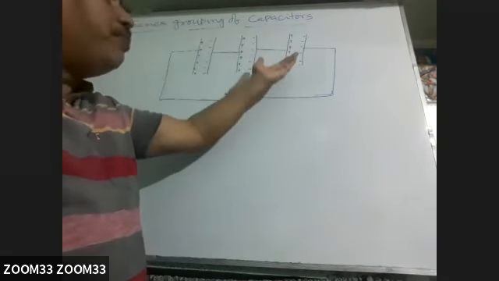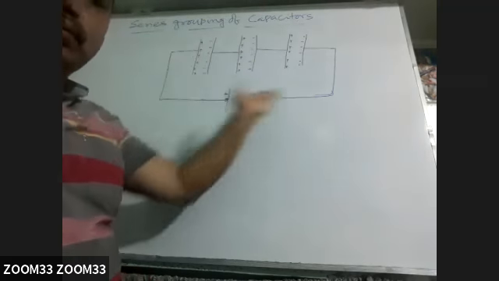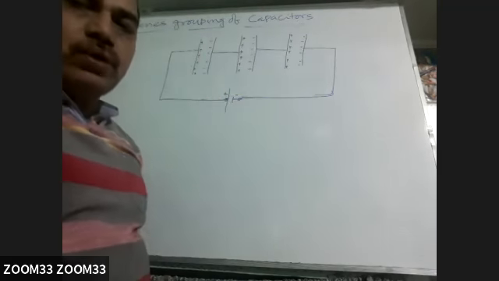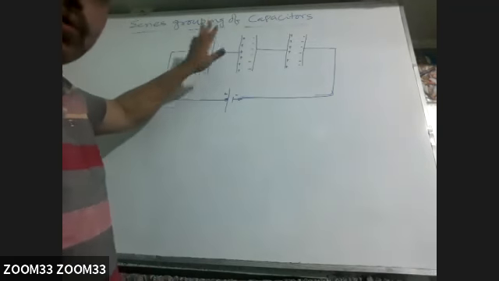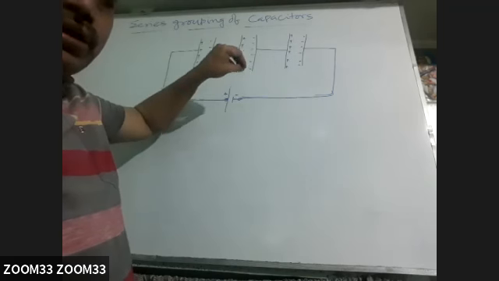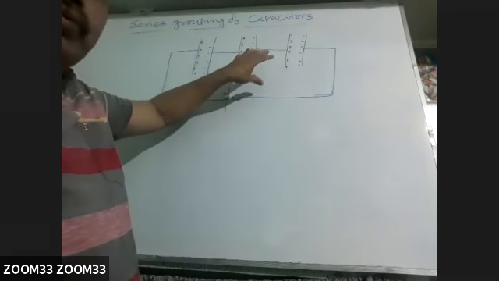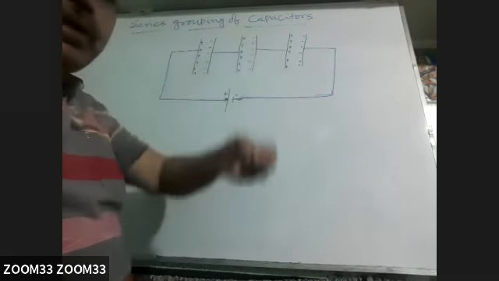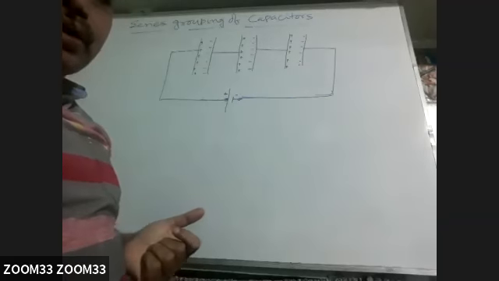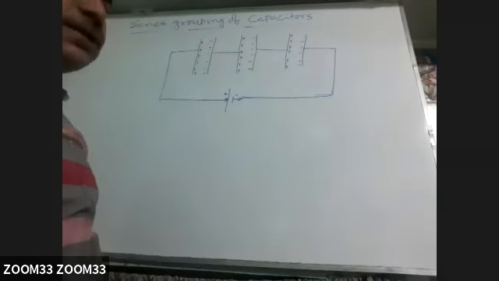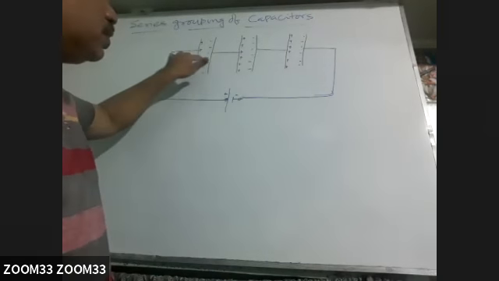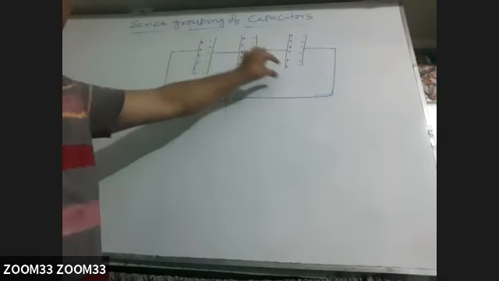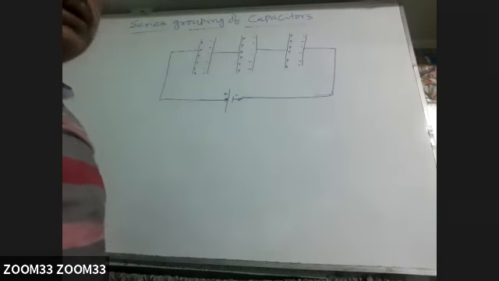So it simply appears that some current is flowing as through a resistor. Whatever current is produced for a moment during the charging, that may be of the order of millisecond, or sometimes not even millisecond. For the moment, whatever current is produced in the gap of this capacitor, that current we call displacement current.